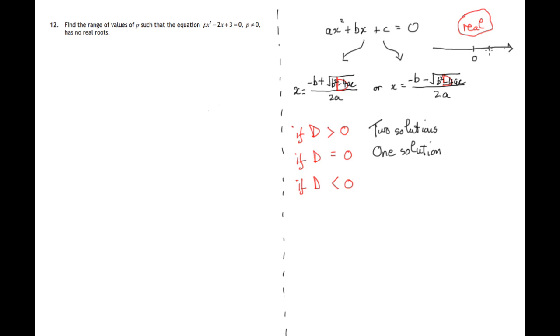There's 0, there's 1. Any point on this number line will correspond to a real number. So the square root of a negative number is not on that real number line. In other words, there are no solutions, not among the real numbers, for this equation. So if the discriminant is negative, we've got great difficulties. There are no real solutions.